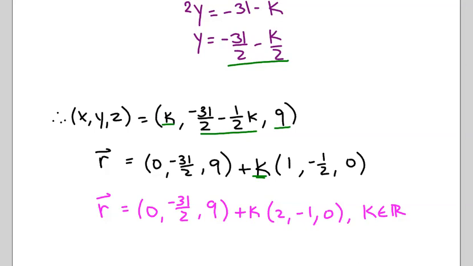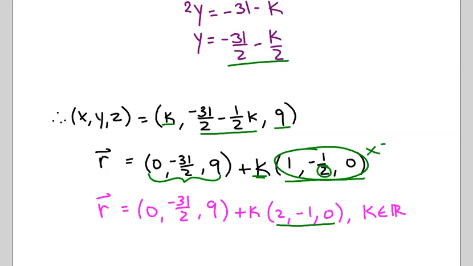Separating each of those into the line, so our vector form for a line, make sure that you guys do not reduce this part, but you can reduce your direction vector to make it look a little bit nicer. And so what you can do is multiply the entire thing by the lowest common denominator, which I'm seeing is 2.